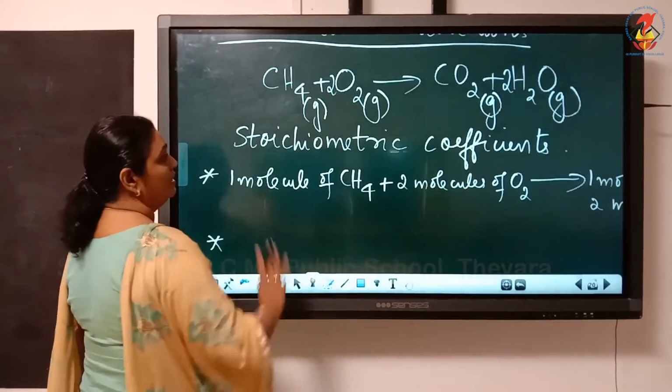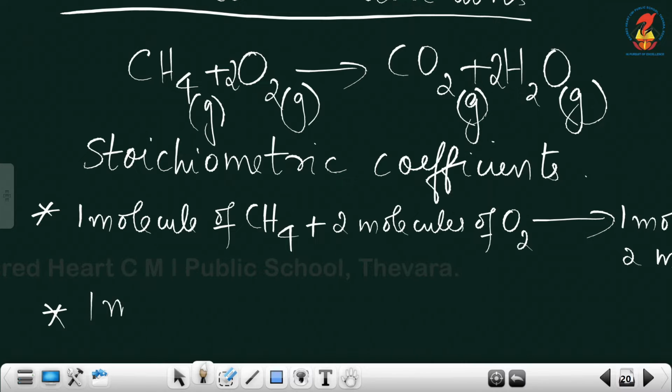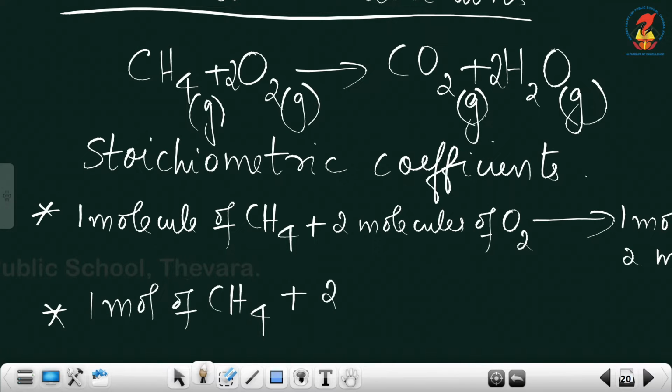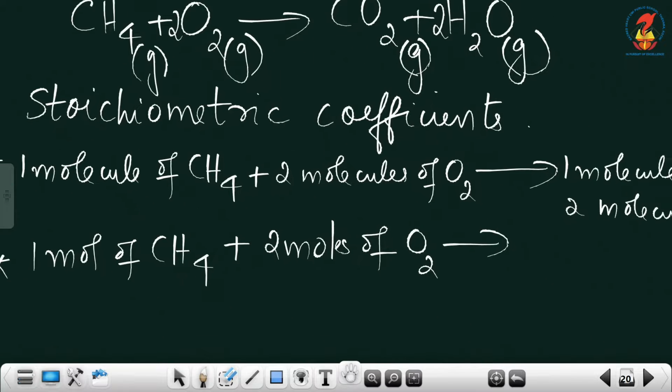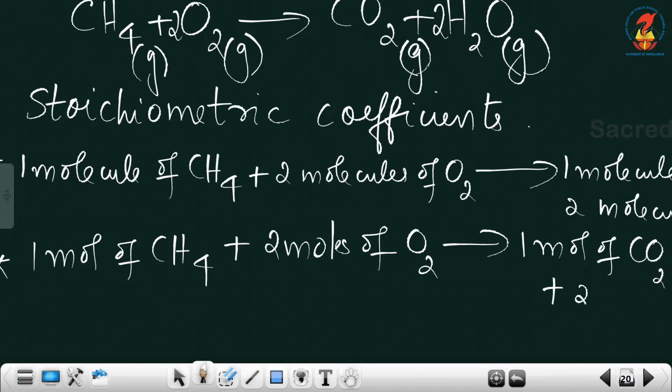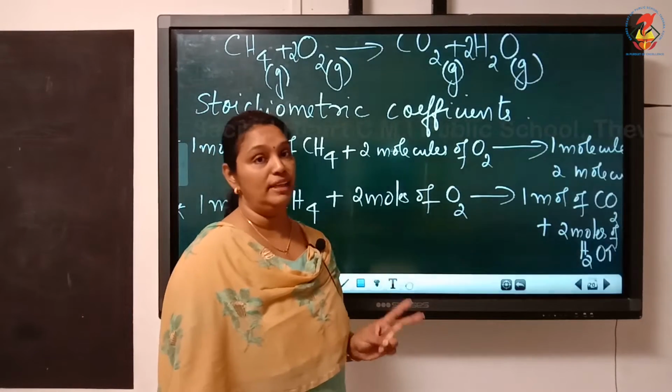So if you look at this equation, I can write 1 mole of methane combined with 2 moles of oxygen to give 1 mole of carbon dioxide plus 2 moles of water vapor or steam, H2O. So this is the second information.